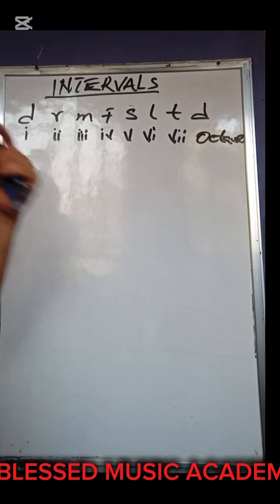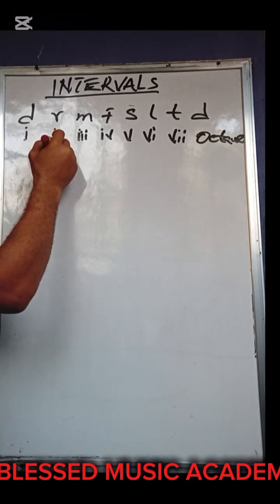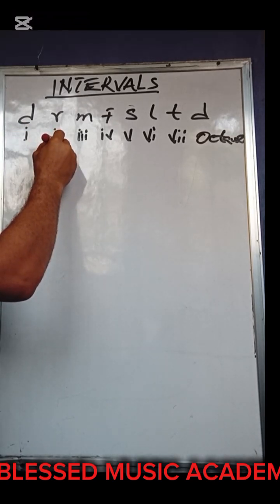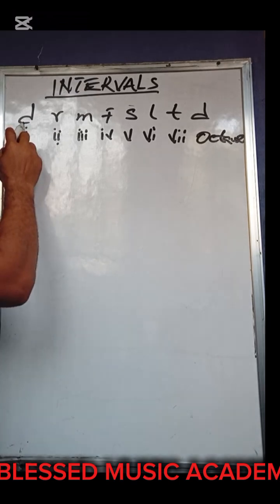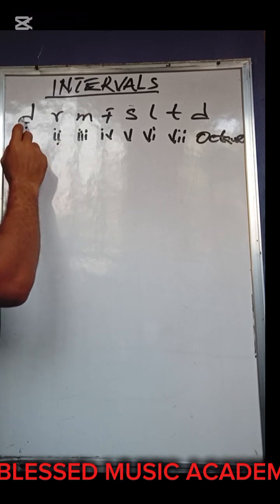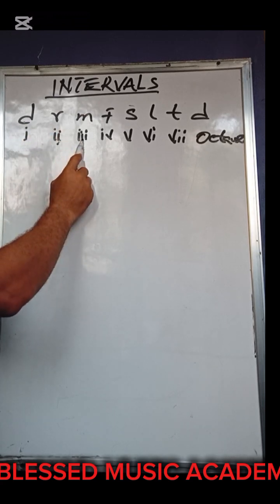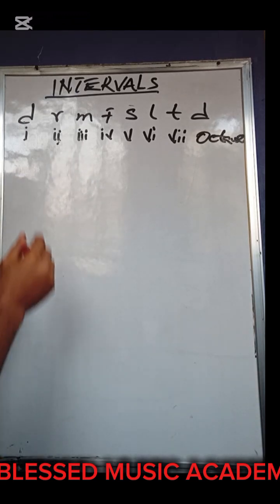So measuring by numbers, or numerically. If I have my do to my re, this becomes my second, because the distance between do and re is just 2, which is second. Distance between do and mi is third. That is just very simple.